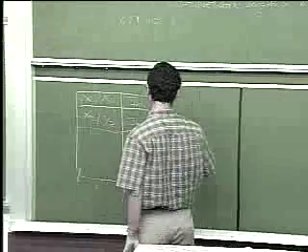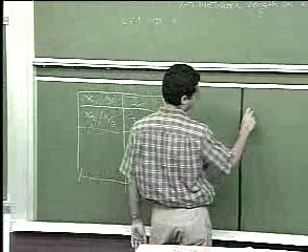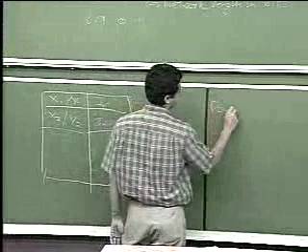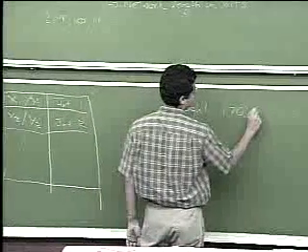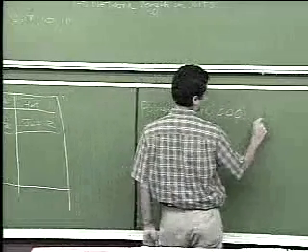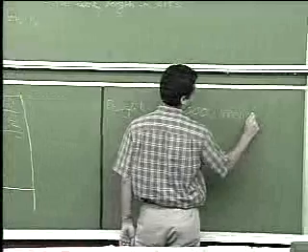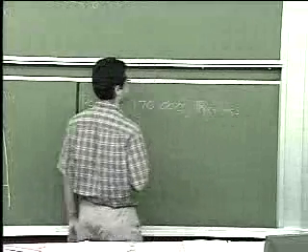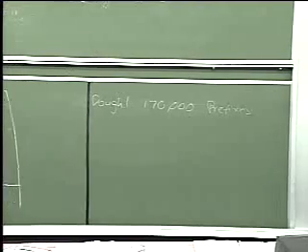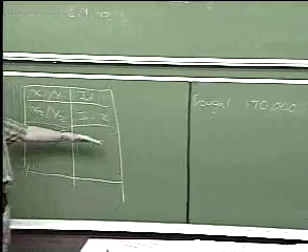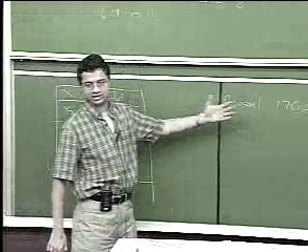Now, on the internet right now, there are roughly 170,000 prefixes. So a typical table in the core of the internet might have 170,000 entries.